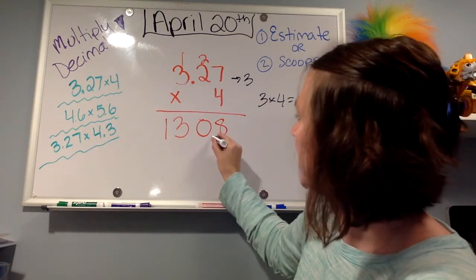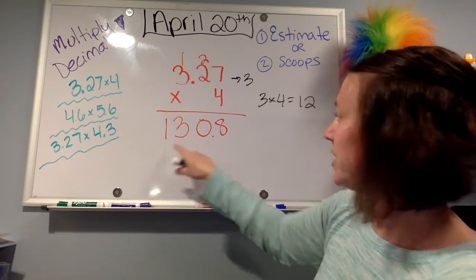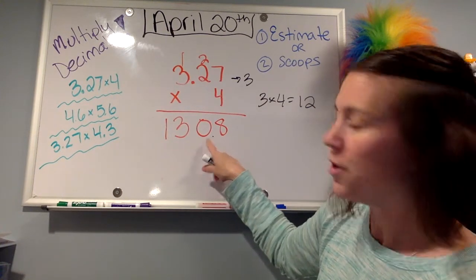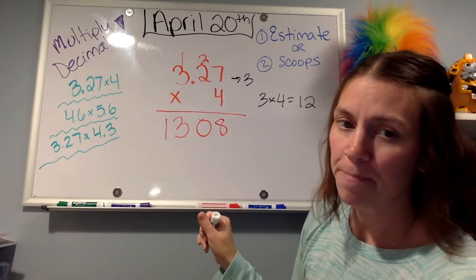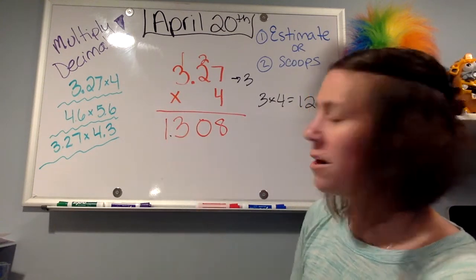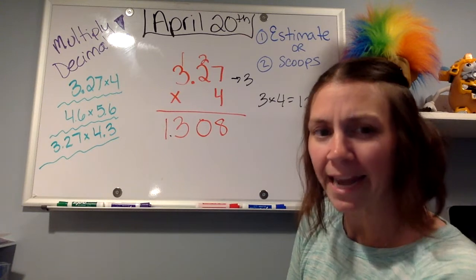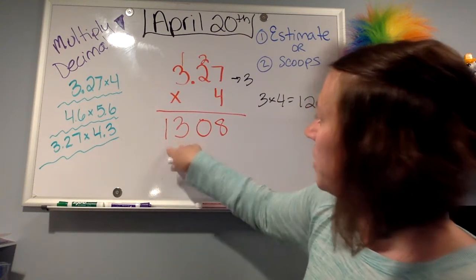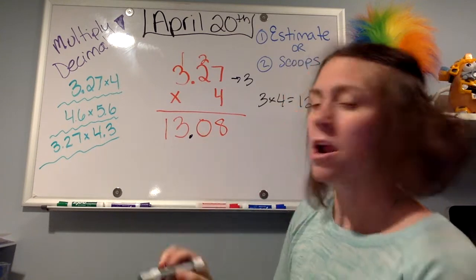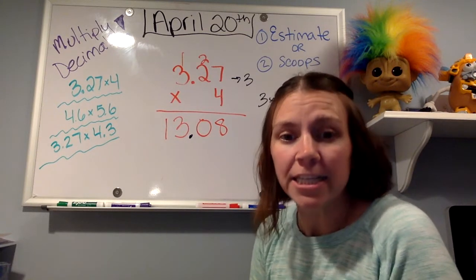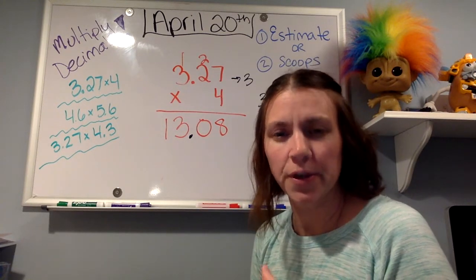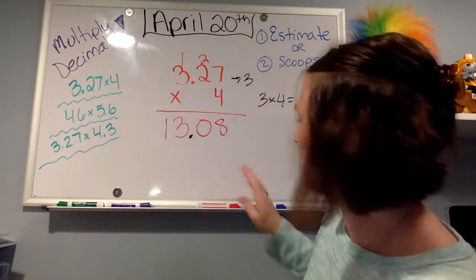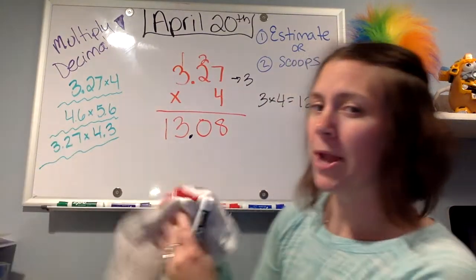If I put my decimal there, now I just made it 130. And 130 is not near 12. So I didn't put the decimal in the right spot. If I put my decimal here, well, now I just made it 1 and 308 thousandths. Well, that's not good. But if I put my decimal right here, now I made it 13 and 8 hundredths, okay? And 13 is really close to 12, so now I know that I put my decimal in the right spot. That's the estimating way, okay?